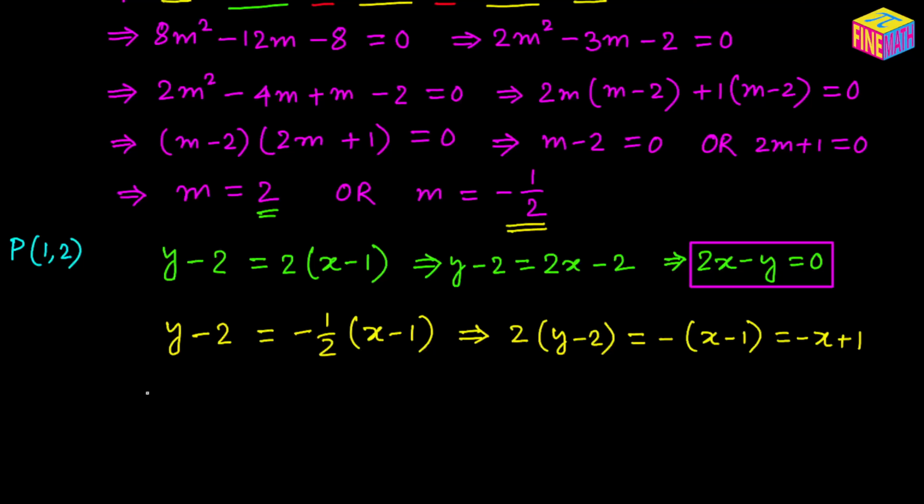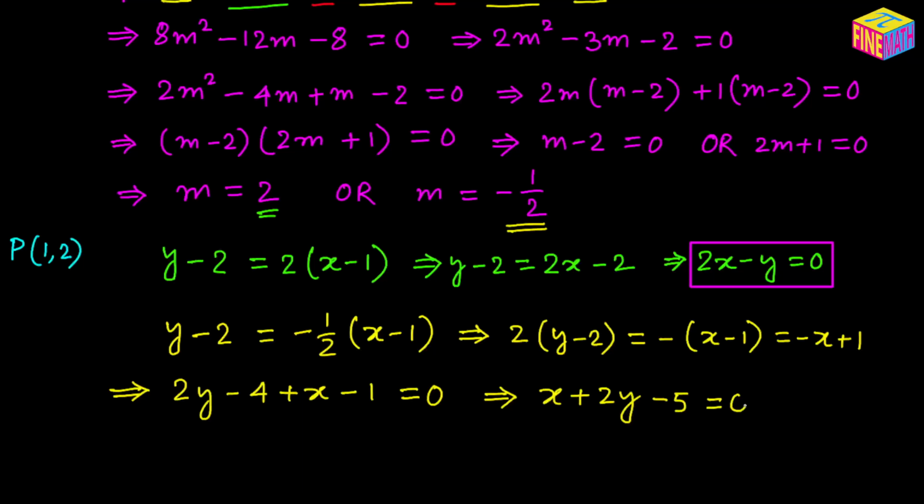And then if we bring everything to the left hand side, we are going to get 2 times y minus 4 plus x minus 1 is equal to 0, and from here we can say, well, then definitely x plus 2y minus 5 is equal to 0, and that is the equation of our other new line.